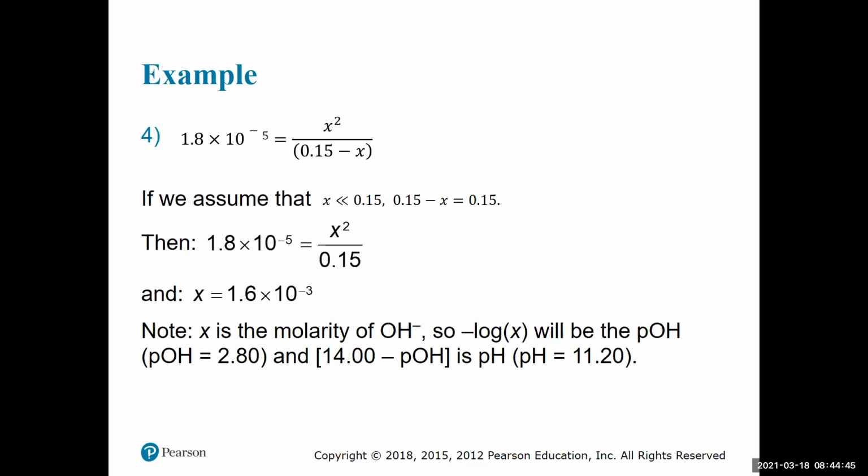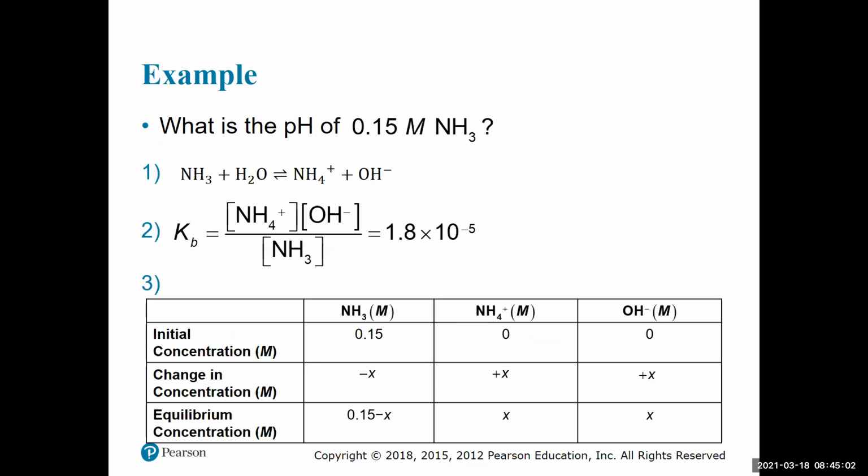So it makes the math a lot easier than going through all that to use the quadratic equation. And then we can solve for x and get a value of 1.6 times 10 to the minus 3. Now remember, with the bases, x is hydroxide concentration.